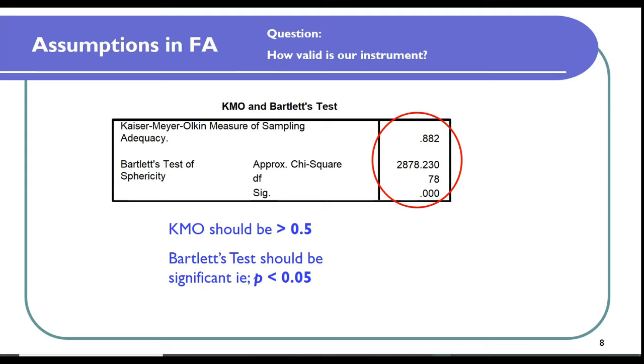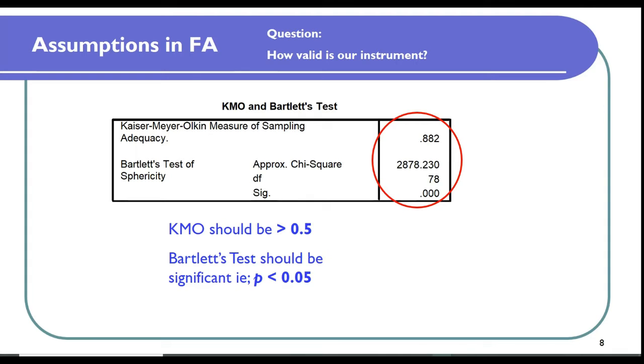But values less than 0.5 indicate the sampling is not adequate and some actions should be taken. Values closer to 1 are better. In this case, our KMO value is 0.882, which is greater than 0.5, so it indicates that our sampling is adequate.